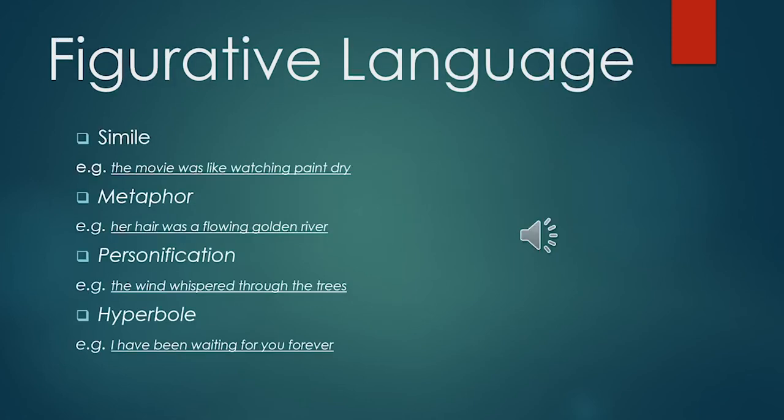Slide 4, figurative language. Now, as you can see, I have only got 4 bullet points for figurative language. Does that mean there are only 4 types of figurative language? Of course not. There are 25, 30, 35, 40 different things you could concentrate on when you talk about figurative language.